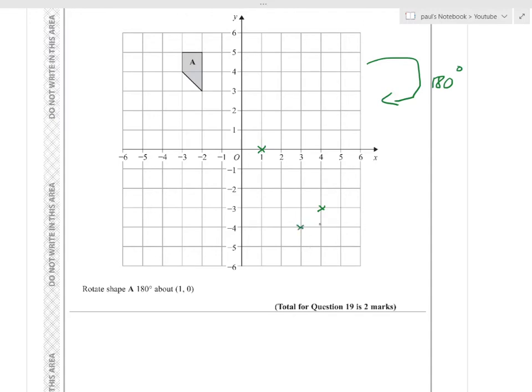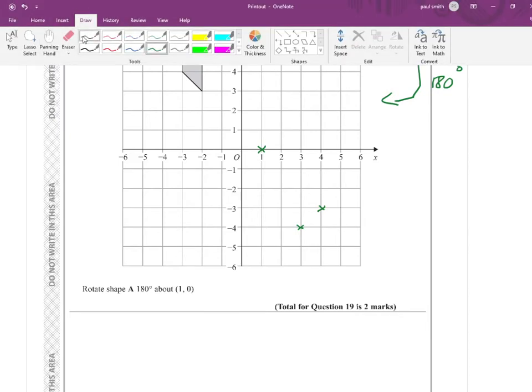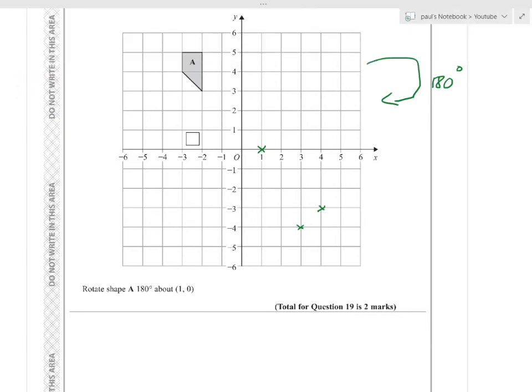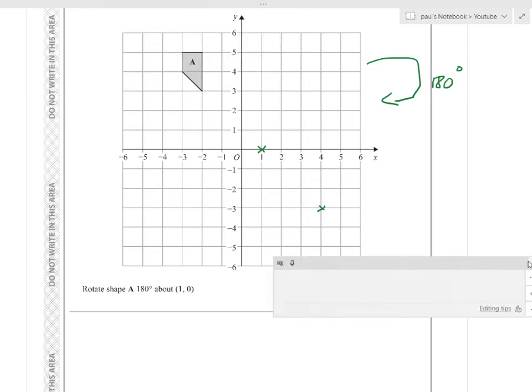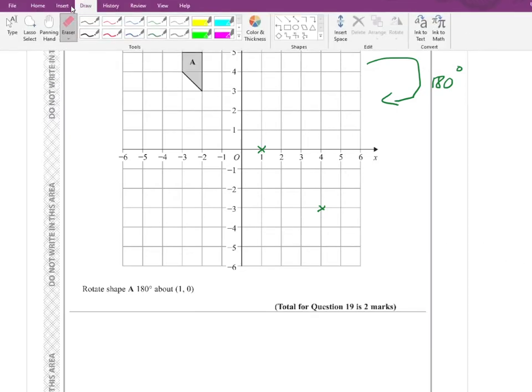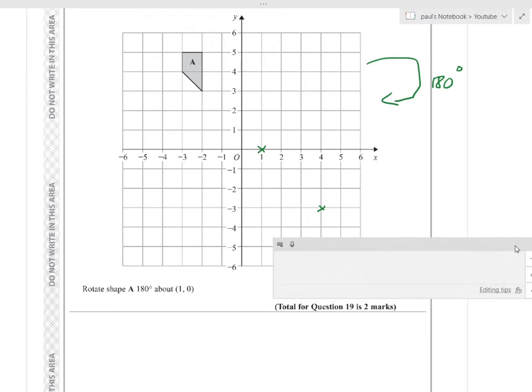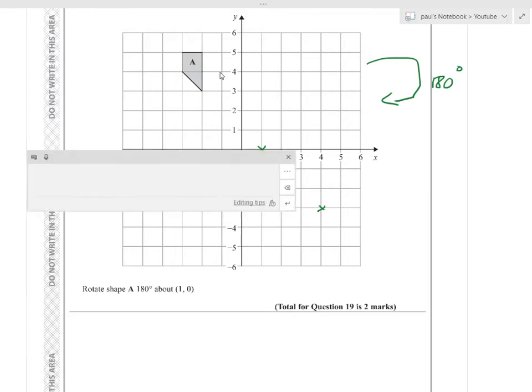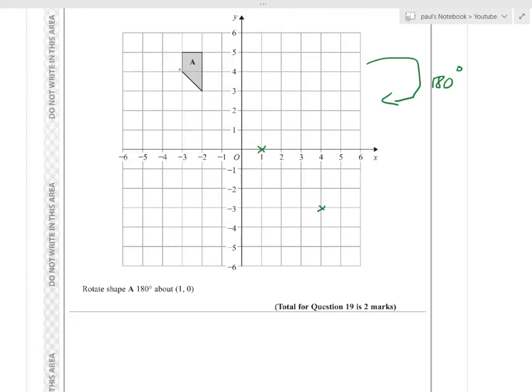I'm just thinking of the... Not going to be there, is it? So this one, that corner, 1, 2, 3, 4, 4 across, and 1, 2, 3, 4 down.